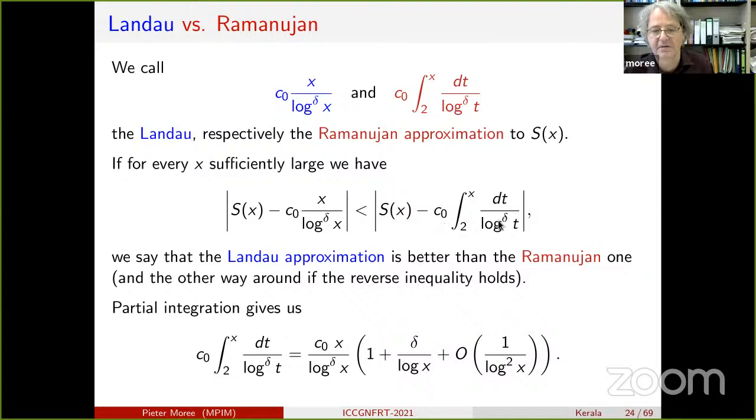Then I look at the difference, and the question is, what is eventually better? If x tends to infinity, is it always the case, for example, that this one is smaller than that one? In that case, we would say that the Landau approximation is winning.